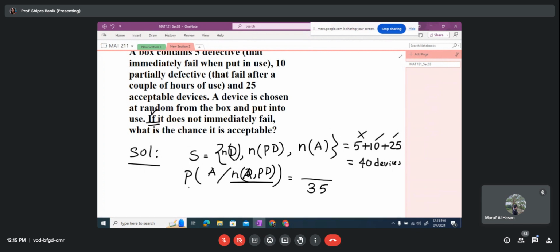You understand clearly? I made a mistake actually, I did not see that. If it does not immediately fail, how can it be D? It's not possible to be D. D means it has already failed. And now we are looking for how many acceptable.